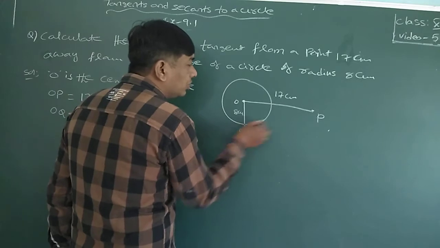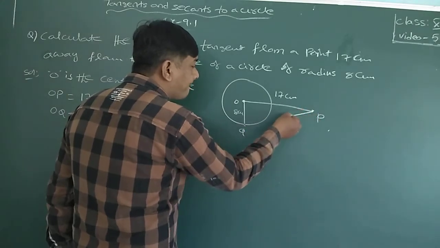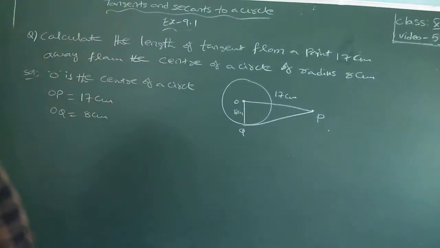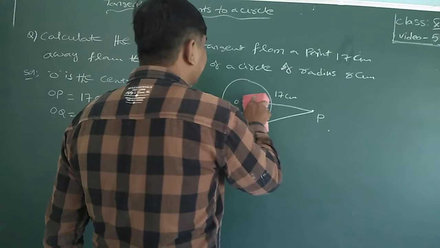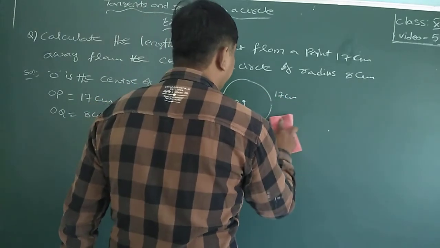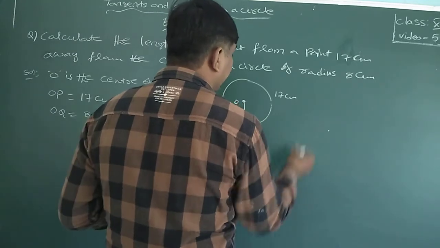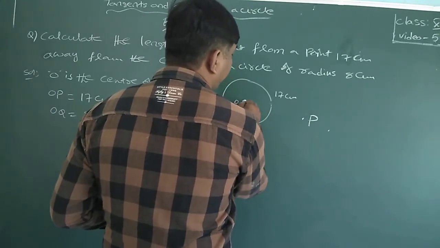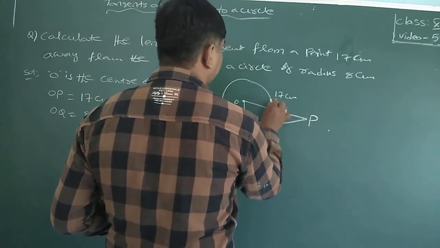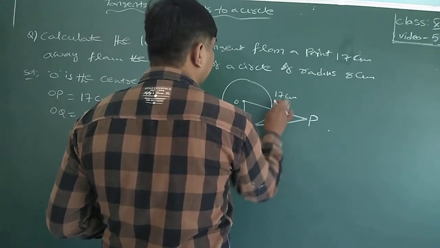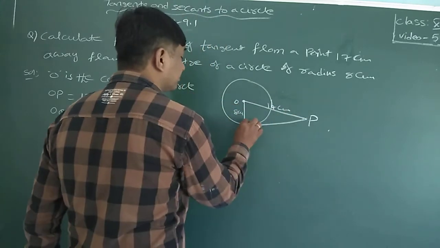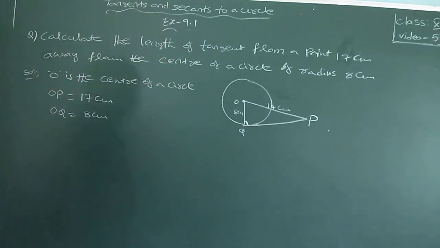Through this Q, I draw one tangent. Generally, by seeing this, you may feel that OP is perpendicular. OP is not perpendicular, sir. To understand better, I'll take P a little lower.